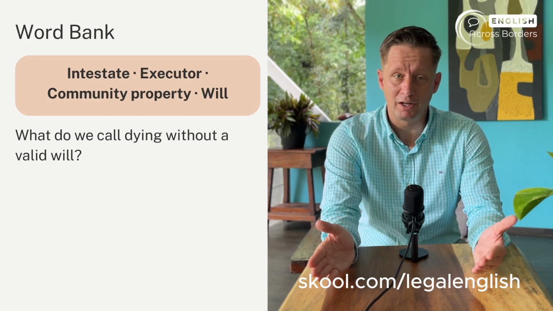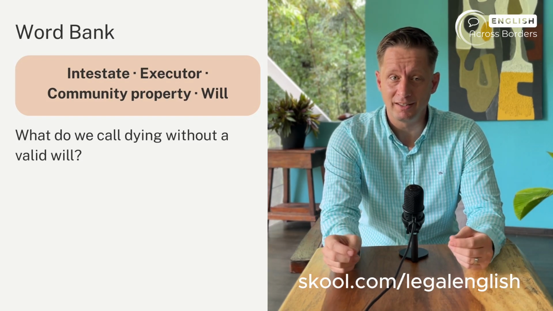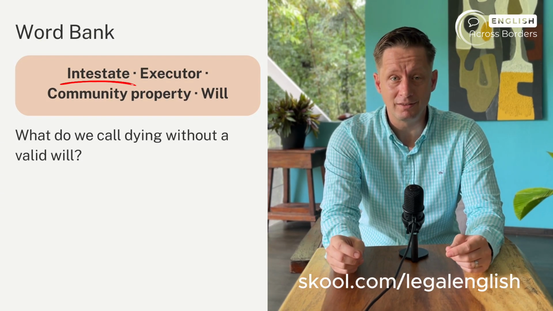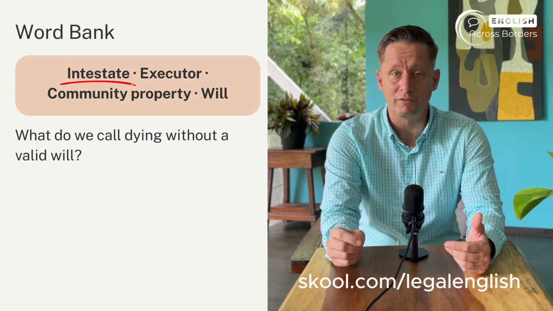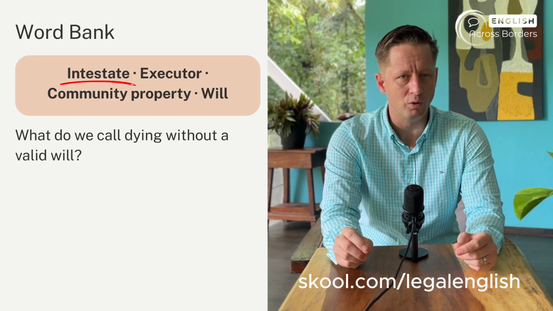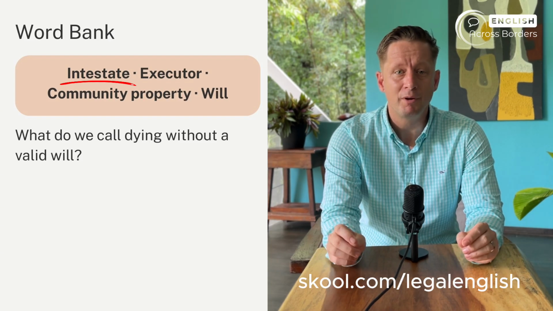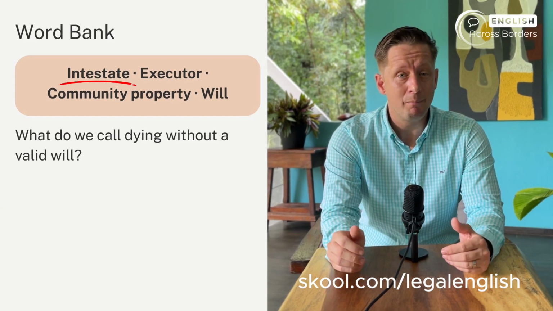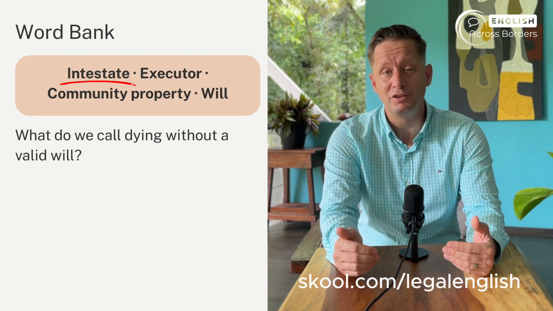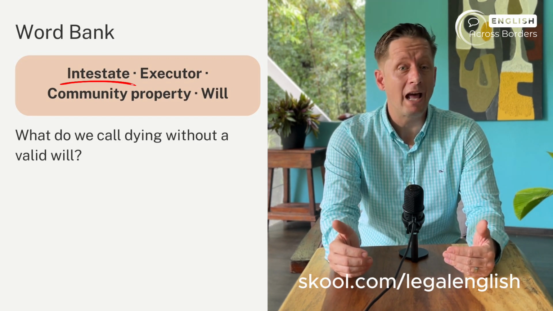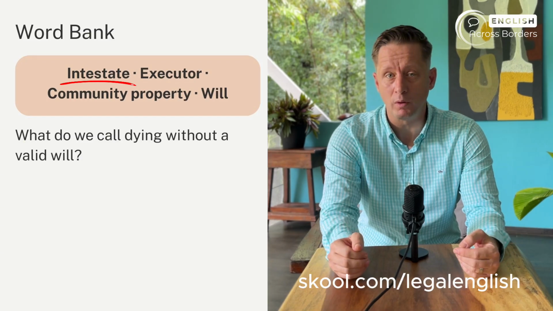So, the correct word for dying without a will is intestate. So you can say, if someone dies intestate, the heirs are defined by law. This word is very useful in practice because many foreign clients may have not written wills in the country where they reside, and you need to explain clearly what happens if they die without one.